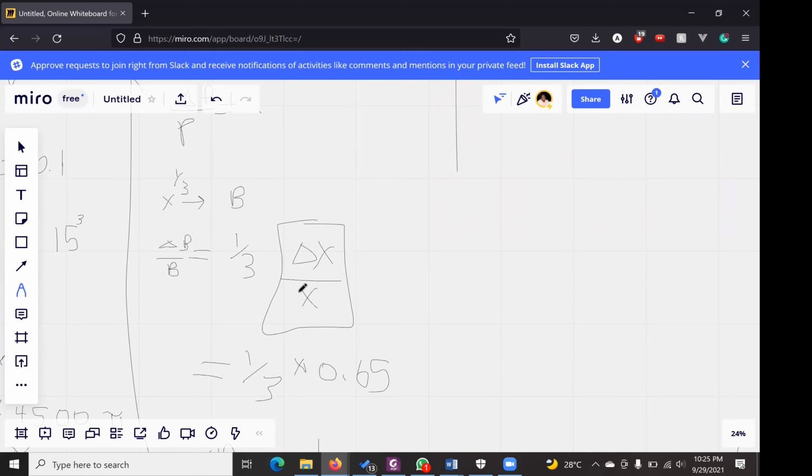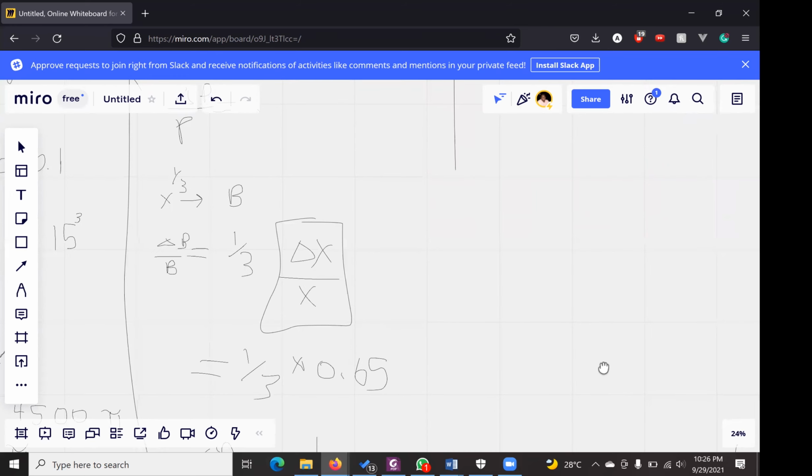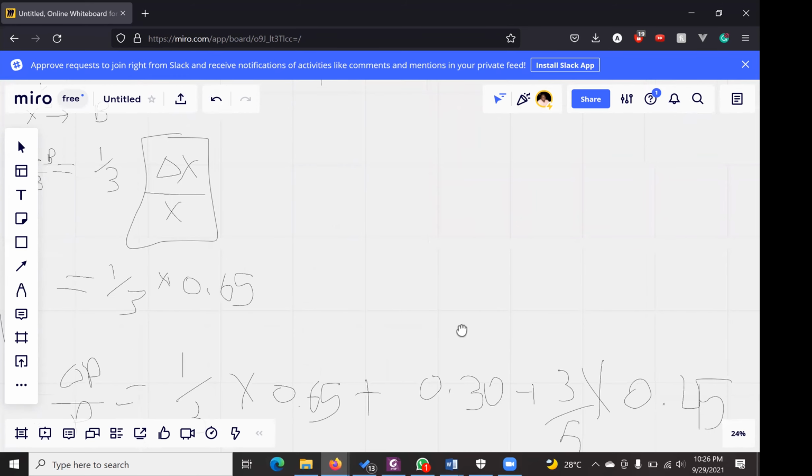That is why X or delta X over X represents the fractional error. They gave us that, so we use the fractional error that they gave us and multiply that by the power n. You see where we have 3/5 times 0.45.